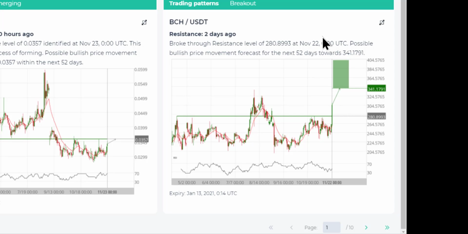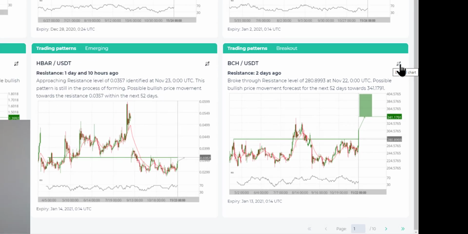And honestly, some of the simplest setups are the best setups, which is breakouts or approaches of resistance and support zones. Nothing fancy. Triangles, head and shoulders are great as well, but those are more advanced patterns. This is a very simple one and honestly has some of the highest winning rates of 70% plus.